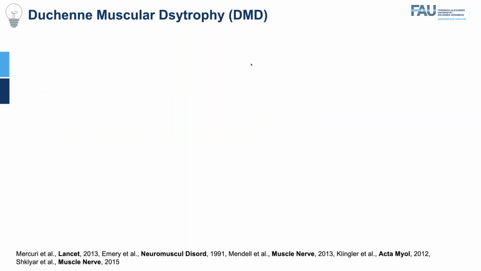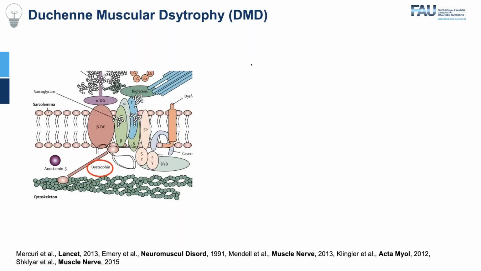When it comes to Duchenne muscular dystrophy, this is a disease where you have an absence of a specific protein which links the cytoskeleton to the muscle cell membrane. If this is missing, you have a breakdown of the cell and degenerating muscle cells, and a loss of physical abilities for these children.